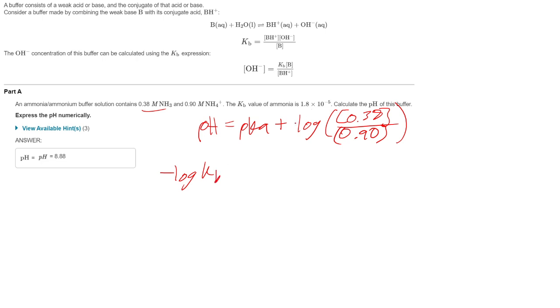So we take the negative log of 1.8 times 10 to the negative 5. And that's going to give us our pKb, which is 4.7447. Just stop there.